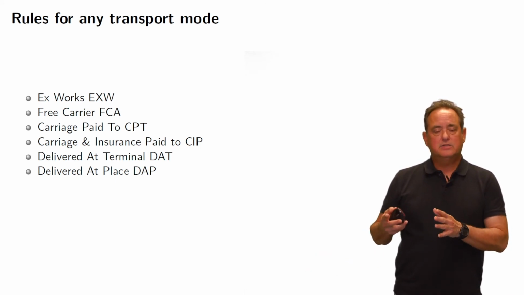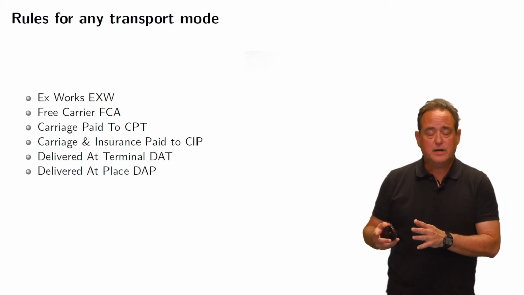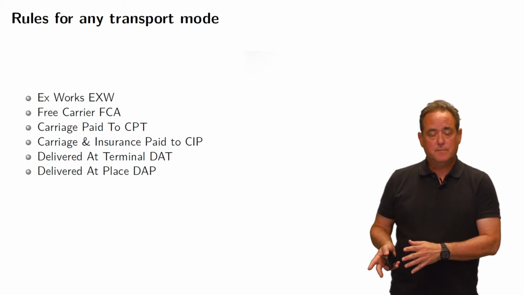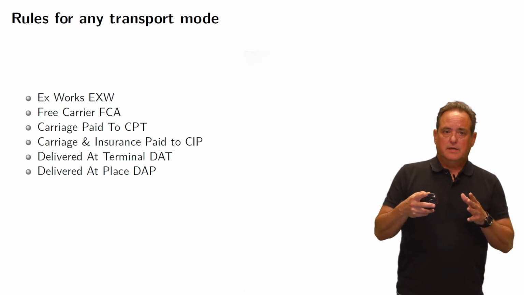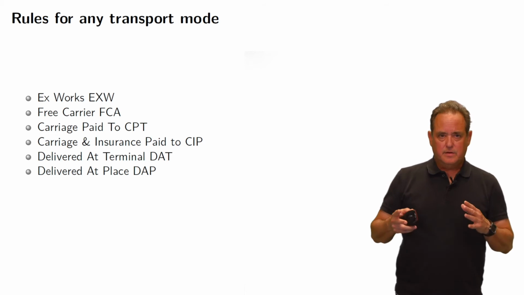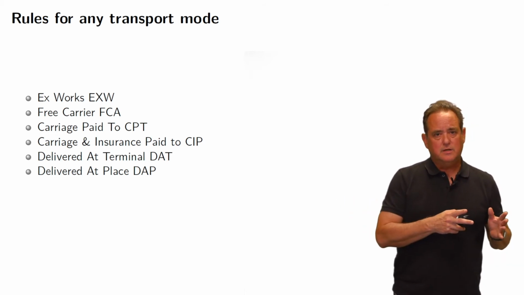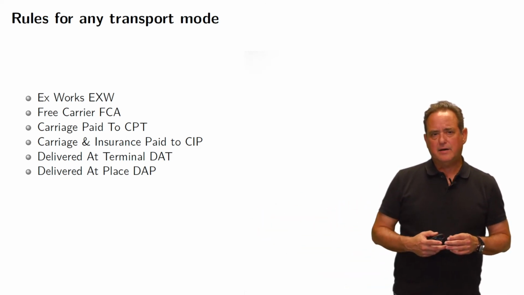DAP is the Incoterm that is most favorable to buyers and least favorable to sellers. If you have a contract calling for DAP, that as a seller, you're going to cover the risk of loss at any time before those goods are placed into the hands of the buyer.